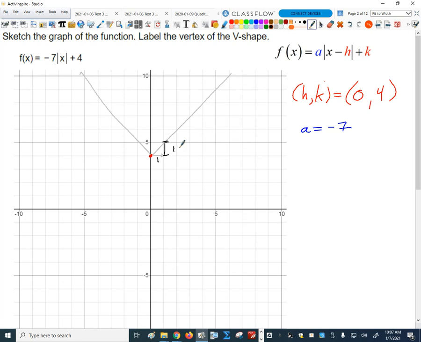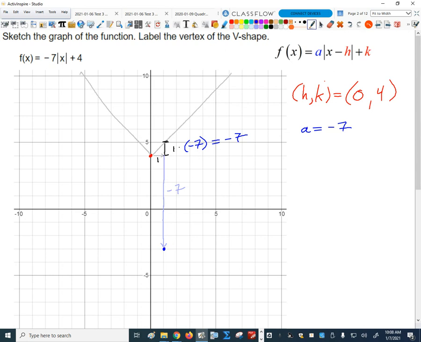So 1 times -7 equals -7. So that's telling me when I go over 1, I'm going to go up 1 times -7, which is down 7. Does that make sense what I'm doing there? So there's my -7. There's my next point.